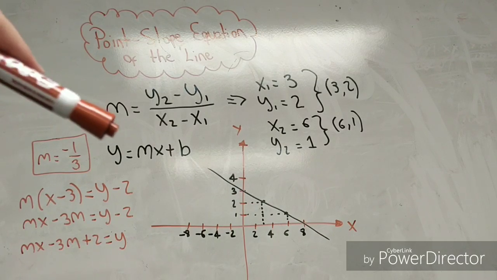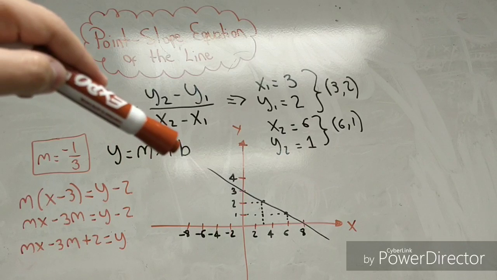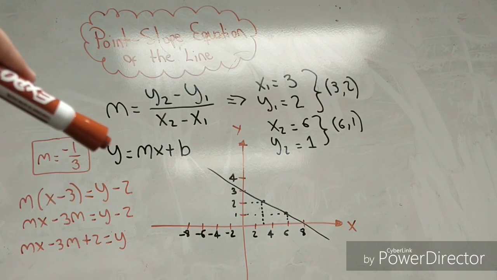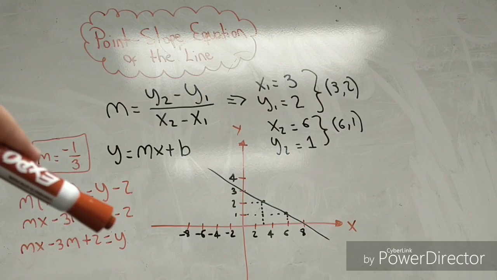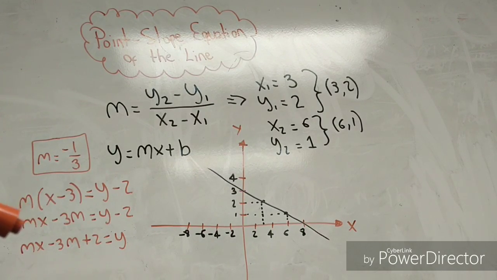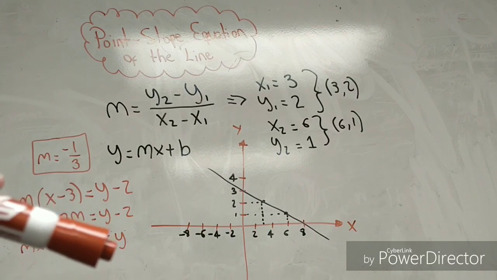And then, since our equation of the line will be y equals mx plus b, the y must be alone. So in order to do that, this minus 2 here, we're gonna put it as an addition on the left side. So mx minus 3m plus 2 would be equal to y.